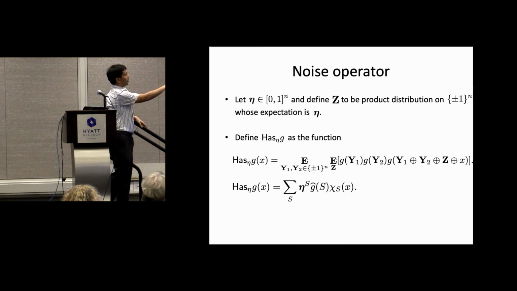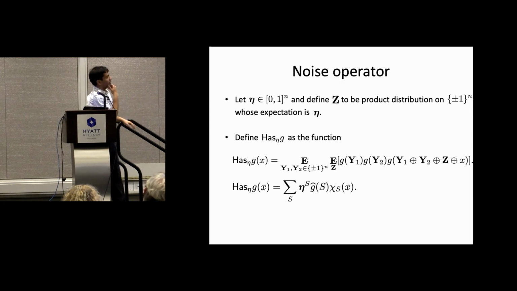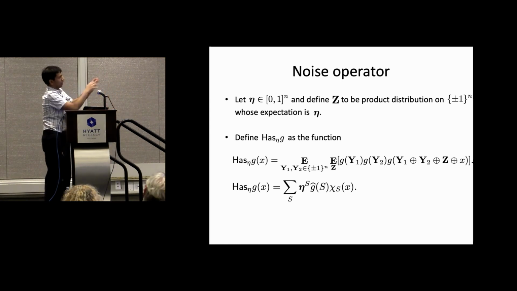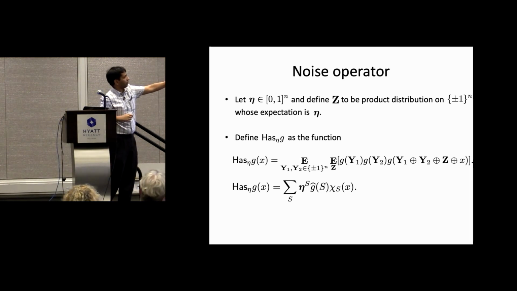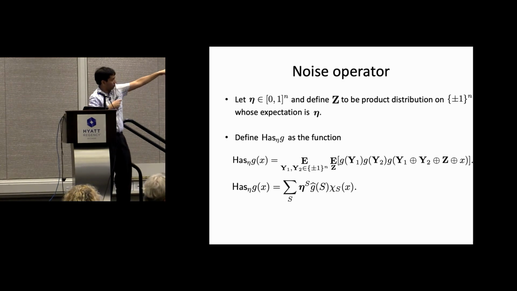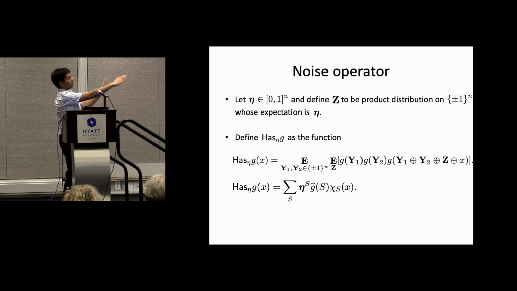This is an operator. Given a function g, I can define this corresponding function. This is very similar to the function that appears in Håstad's dictatorship test, hence the name. And this is just a function of x. You take an expectation over y1 and y2 randomly chosen points from the cube, and z drawn from the product distribution defined there, and you can define this function.